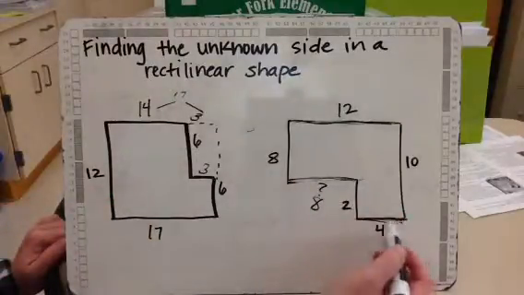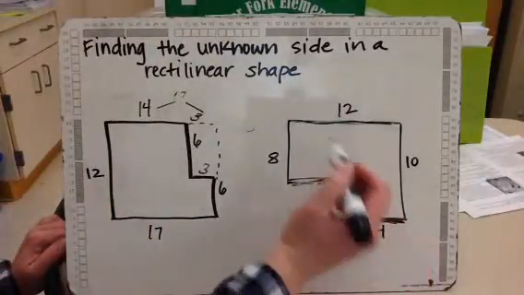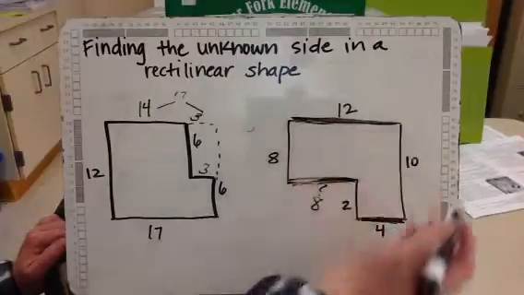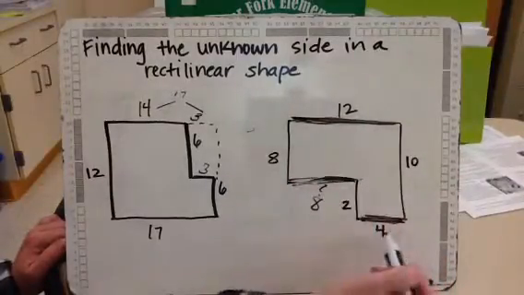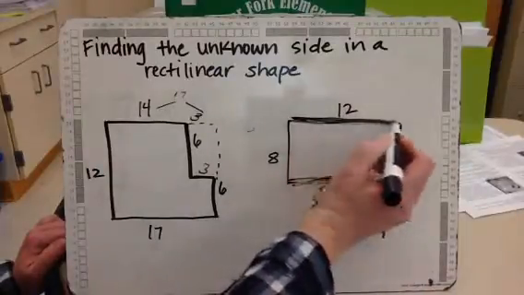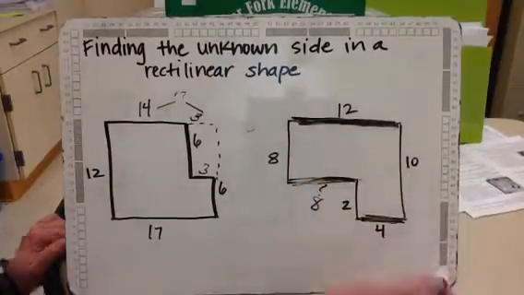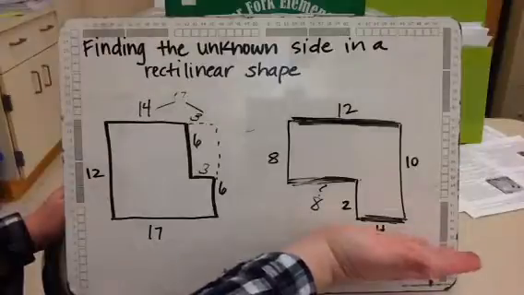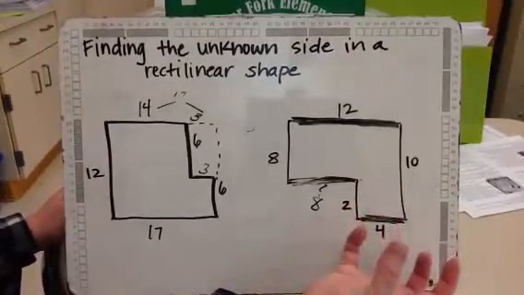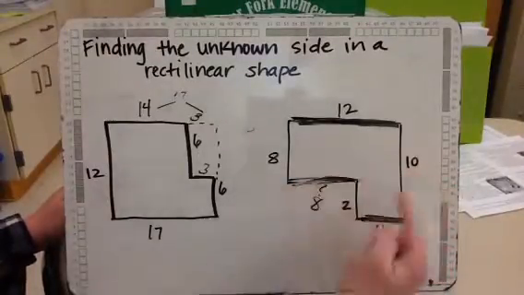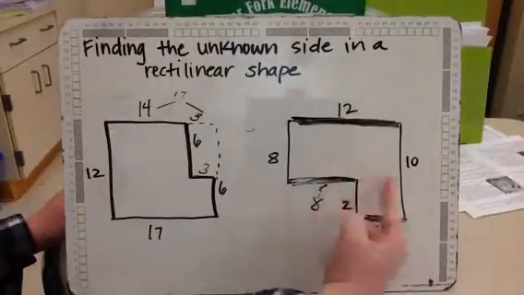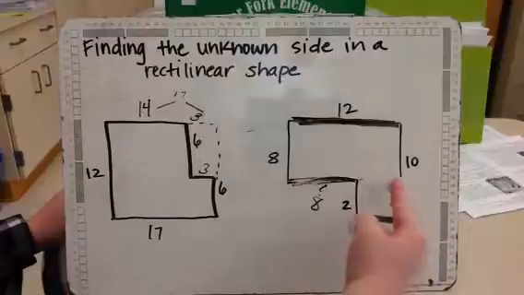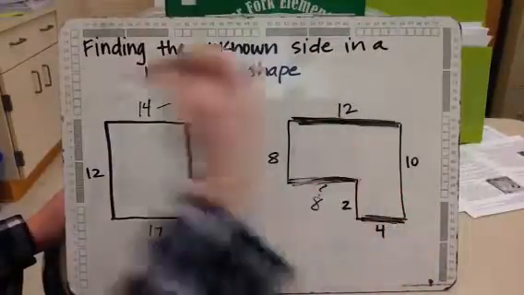You can trace over the like sides, the sides that are all parallel, and think these two short horizontals need to add up to the large horizontal. Or you can visualize this part that's poking out in the rectilinear. If you bump it up and it's right here, the new side you make is going to be equal to 12. So 4 plus 8 more is 12.